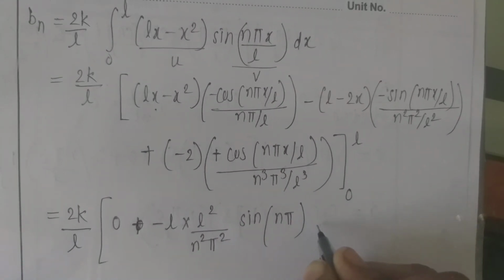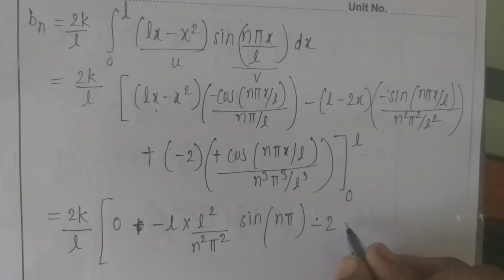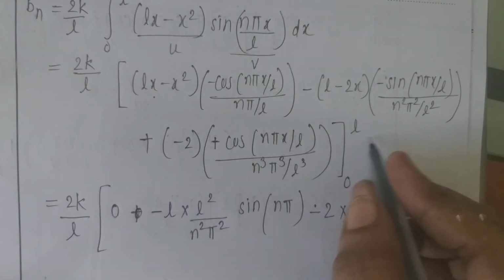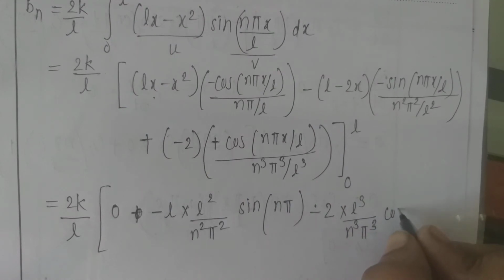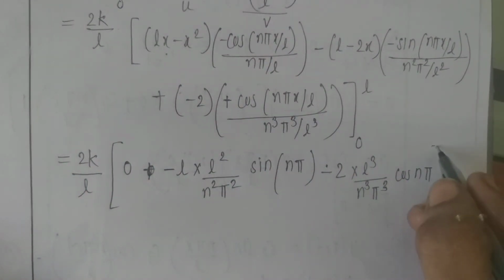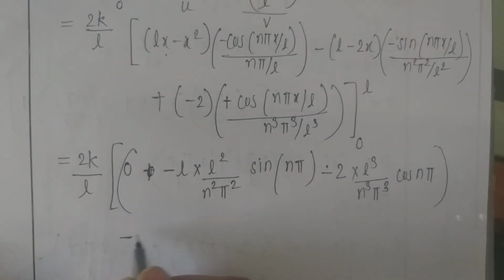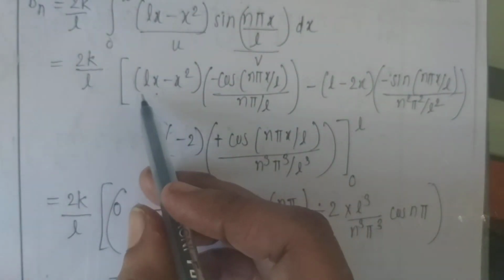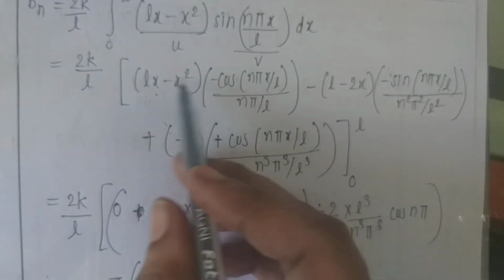Minus plus, I am substituting only the upper limit first, minus 2 times cos of 2 into L cube divided by n cube pi cube multiplied by cos of n pi L by L, which is cos n pi. This is the upper limit minus the lower limit if we put 0. So L multiplied by 0 is 0, so the whole term becomes 0.